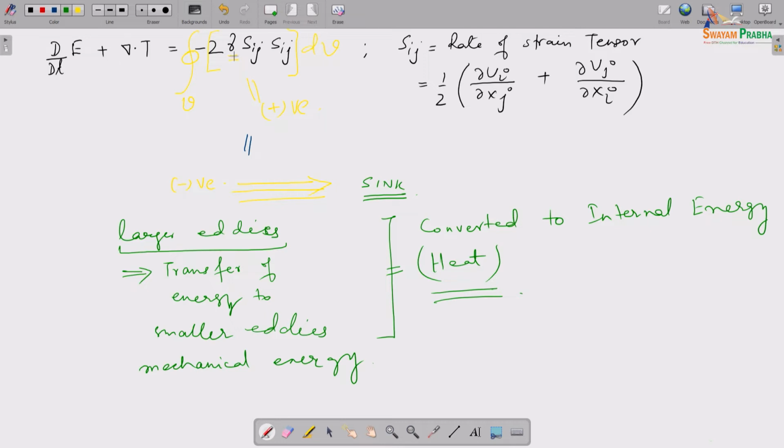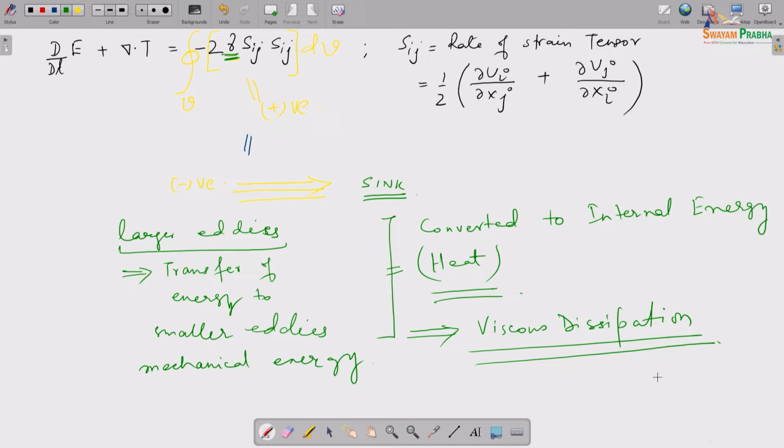As you can see, this is the viscosity component that we're talking about, and hence this is essentially called the viscous dissipation. So this results in the viscous dissipation.